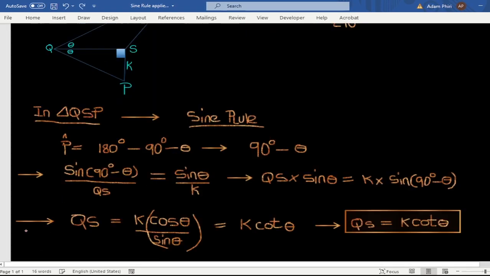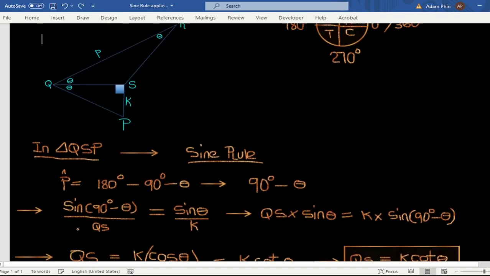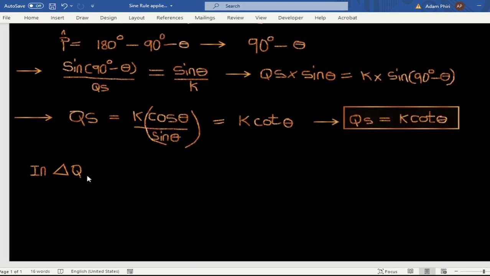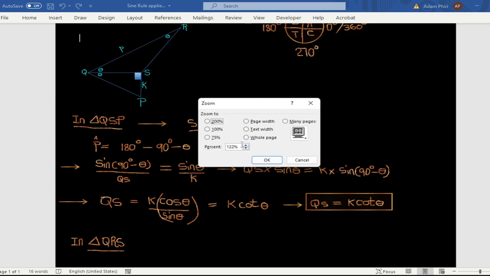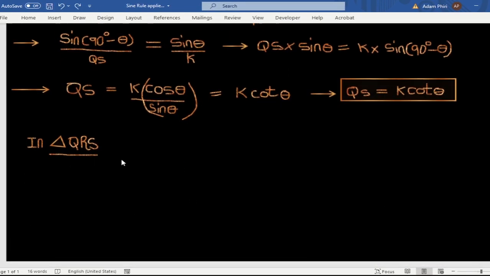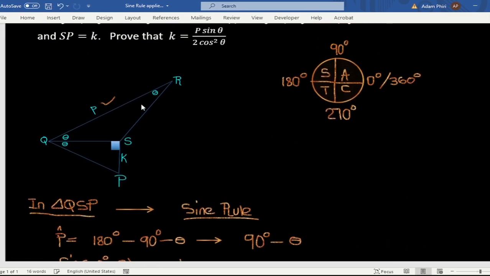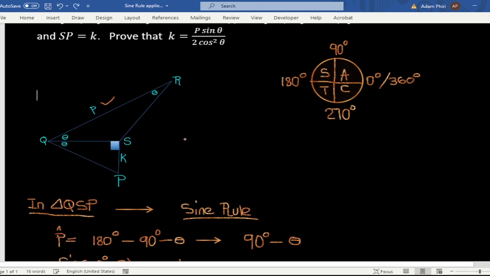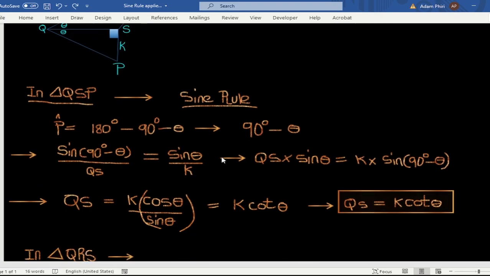In triangle QRS, we have P opposite that part of the angle.